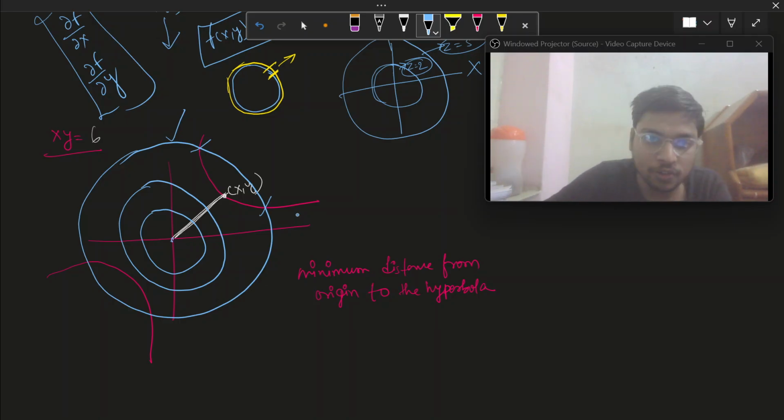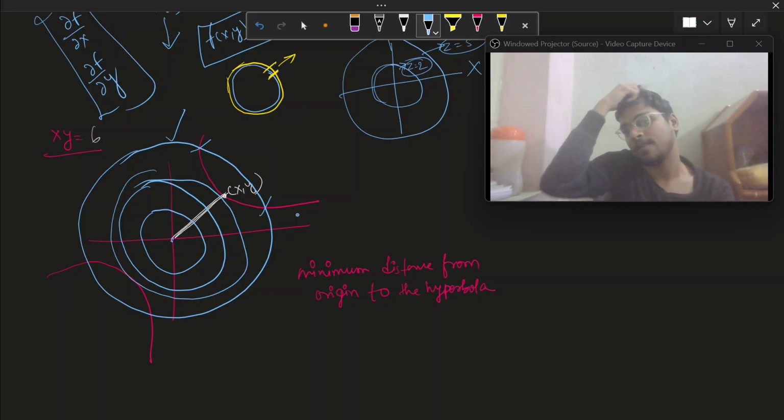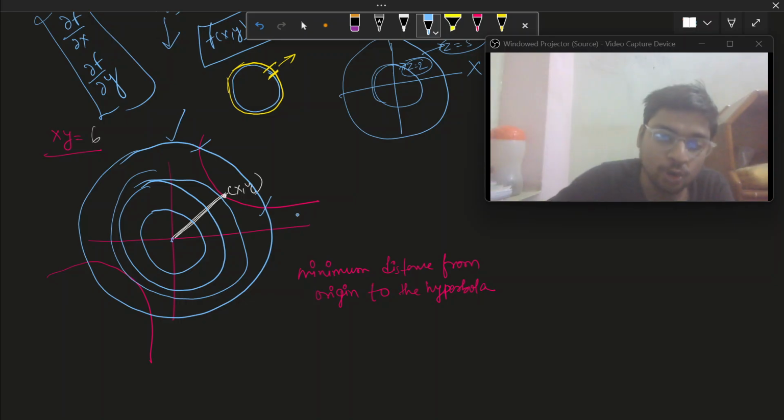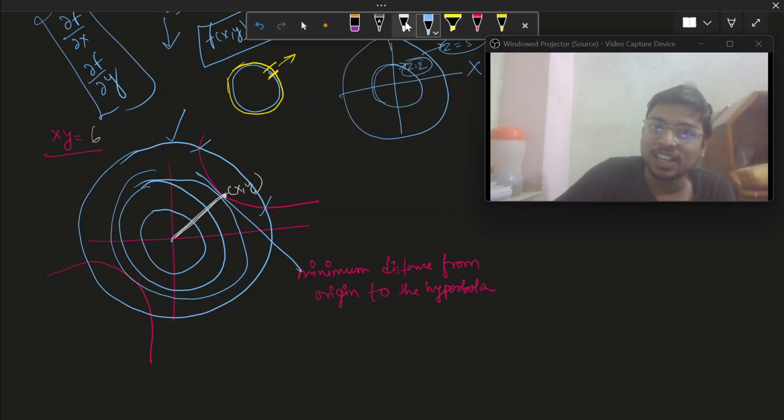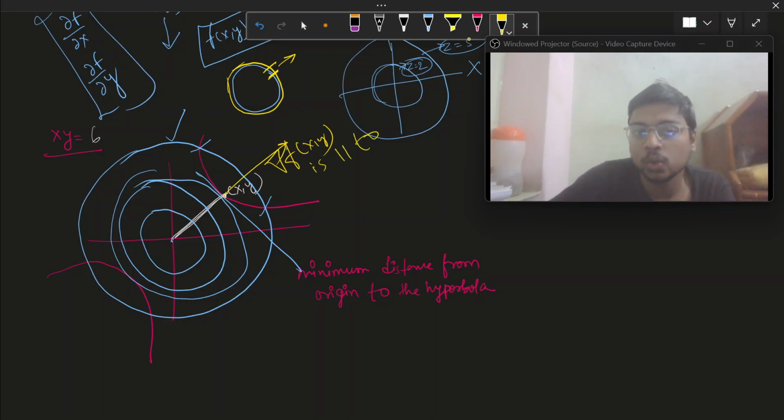When we go further, there is a point where the tangents of g(x, y) and f(x, y) are parallel to each other, and the gradient of f(x, y) is parallel to the gradient of g(x, y).